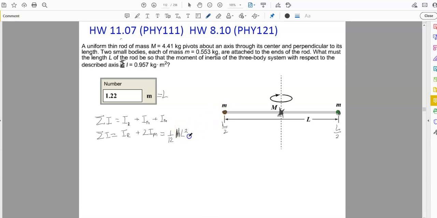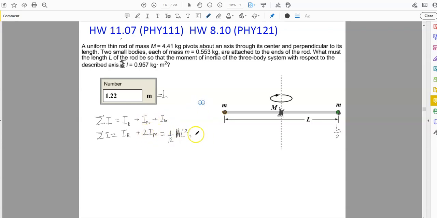L squared plus 2 times the moment of inertia for the single mass, which is small m. And I'm getting comfortably close to this right here. I'm going to move that out of the way for right now. That's going to be equal to 2 of those.